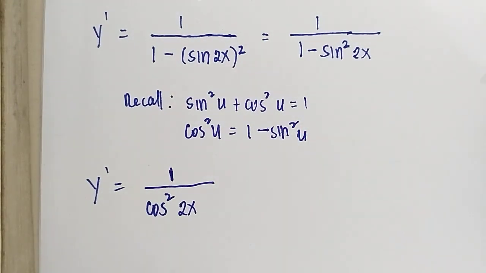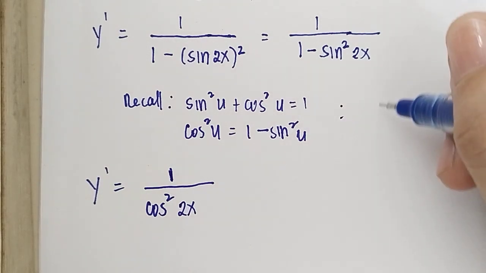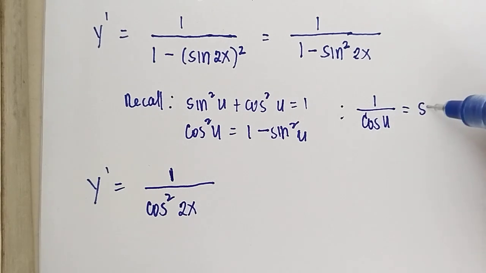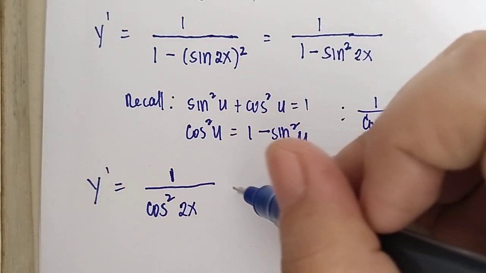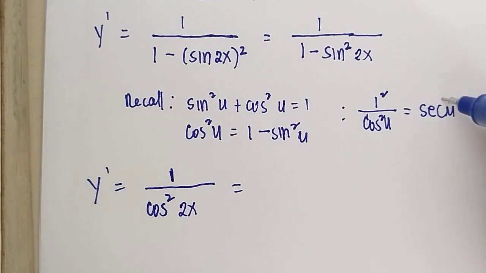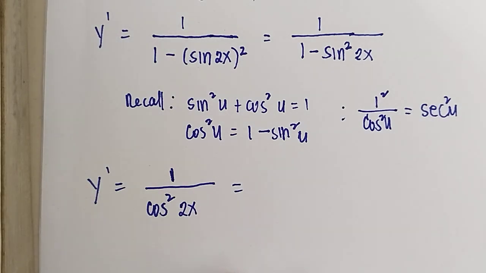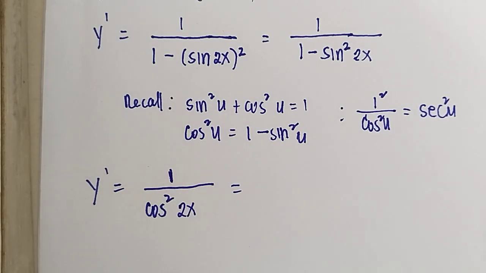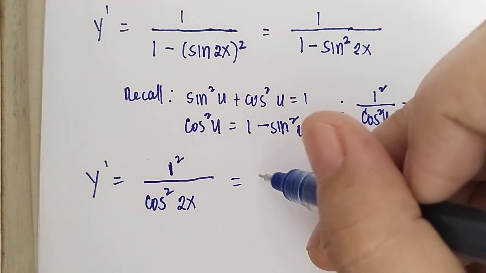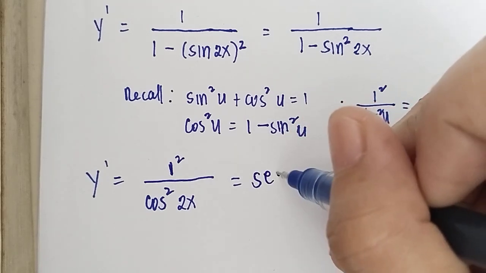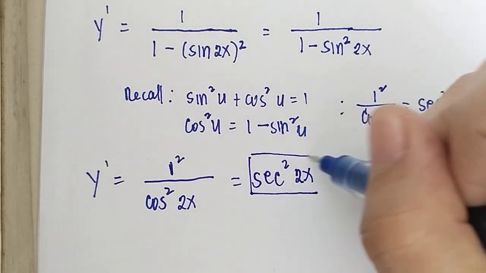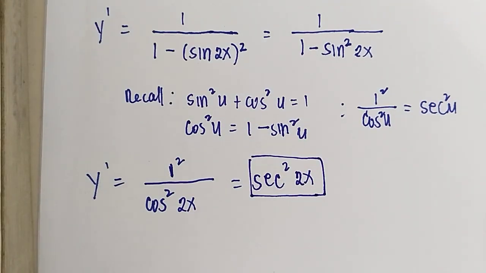And if you recall again, 1 over cosine of u is equal to secant of u. Therefore, 1 squared over cosine squared is equal to the square of secant of u. The 1, when squared, is still 1. So, this is simply the square of secant of the angle u, which is 2x. Therefore, this is our final answer.